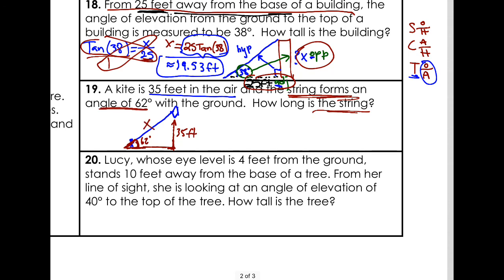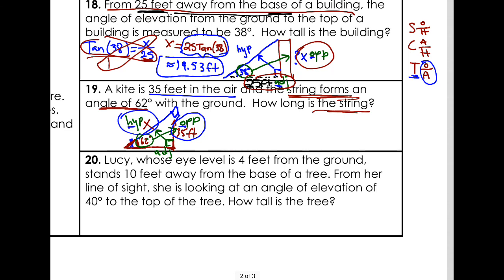So if we set it up using the right triangle trig, notice your right angle would be here. That is your hypotenuse because it's across from the right angle, but the angle we're using is 62 degrees. Across from that is our opposite, and then adjacent is the third side. So we have the opposite side, and we have the x on the hypotenuse.